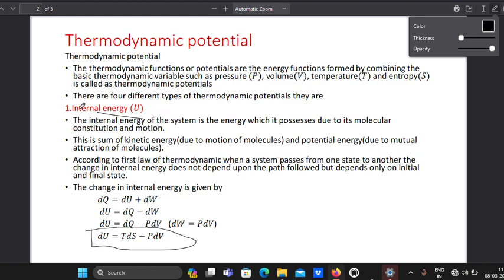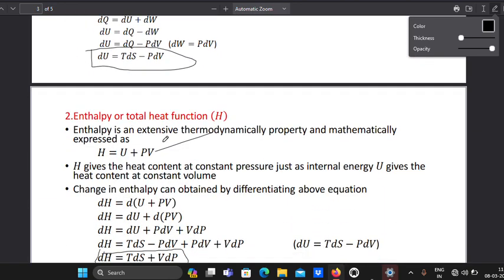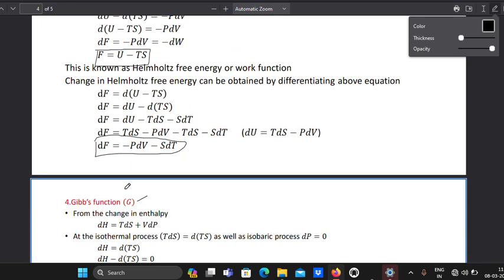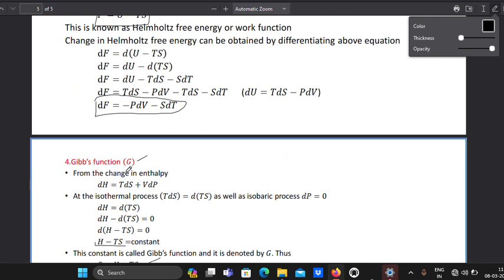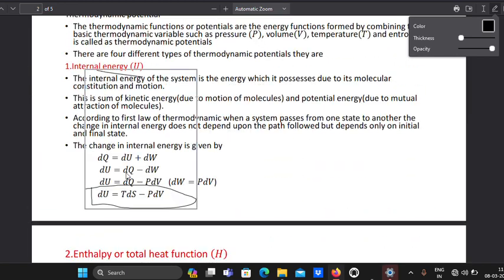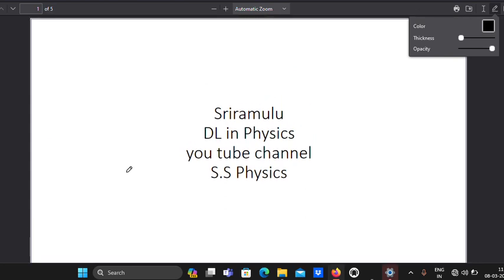You must remember internal energy, enthalpy or total heat function, third one is Helmholtz function or Helmholtz free energy, and the fourth one is the Gibbs function. So don't forget these four things. These four things are called thermodynamic potentials. Okay, thermodynamic potentials are four things only. Okay friends, thank you.